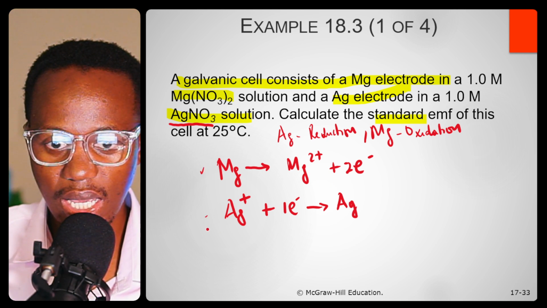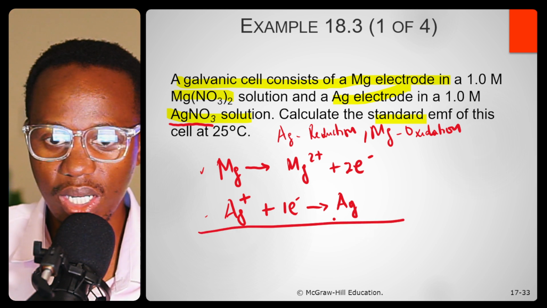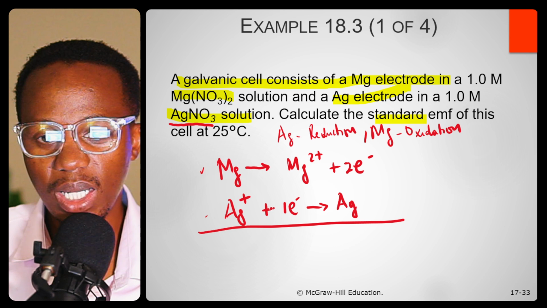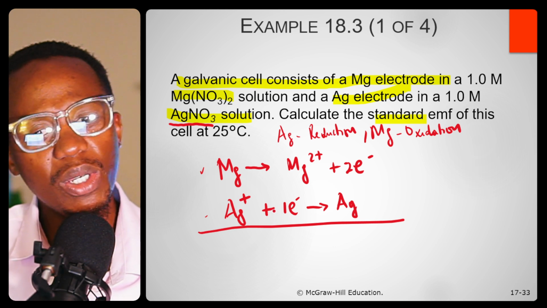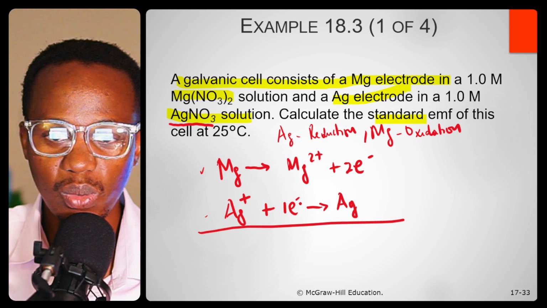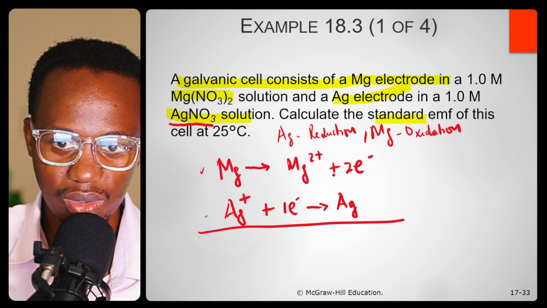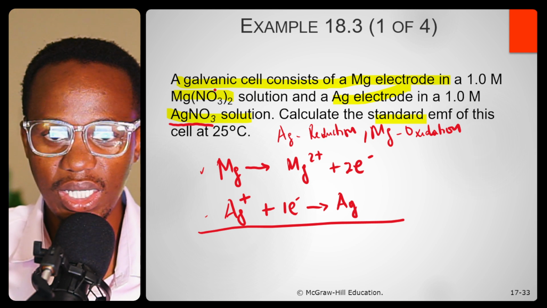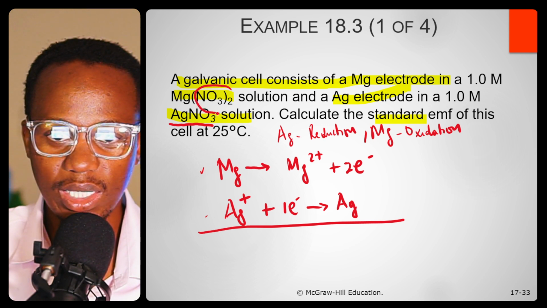Oxidation, reduction. And then what is the full equation? In order to write the full equation, check this out. We have to multiply this second one by 2. Why? Because if you remember how to balance this, we have to multiply by 2. Luckily, this one doesn't have oxygen, so we don't have to do both of them at the same time. These ones that are out here are like spectator ions.